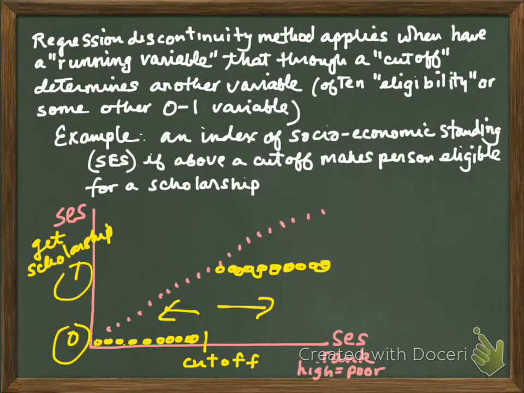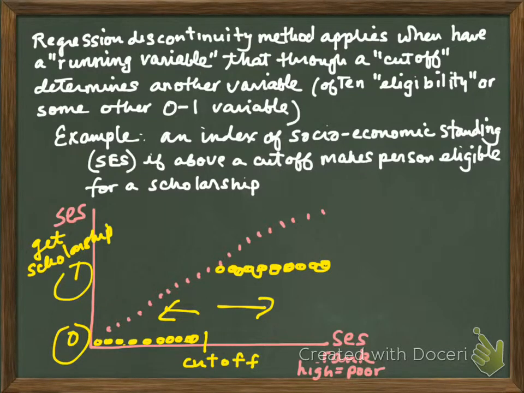And knowing that the cutoff is determining whether you get the scholarship or not, the variable measuring whether you get the scholarship or not is now basically a purely deterministic function of the SES rank, so that it's not then correlated with anything else.